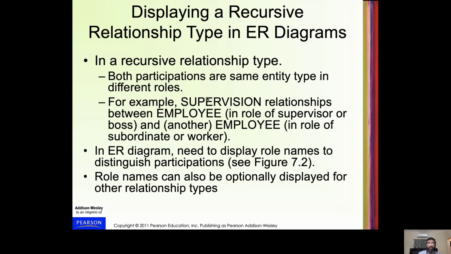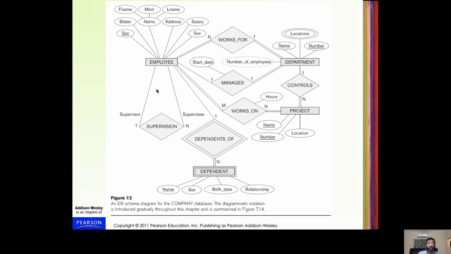So first, what are recursive relationship types? A recursive relationship is where we see supervision. Supervision is a recursive relationship. You see that there is only one entity involved in this relationship, and that entity is employee.